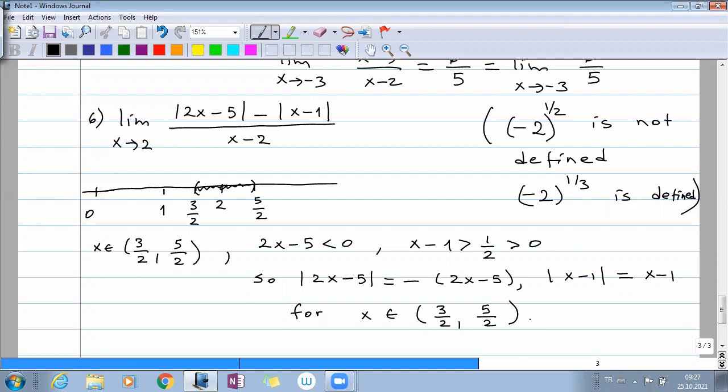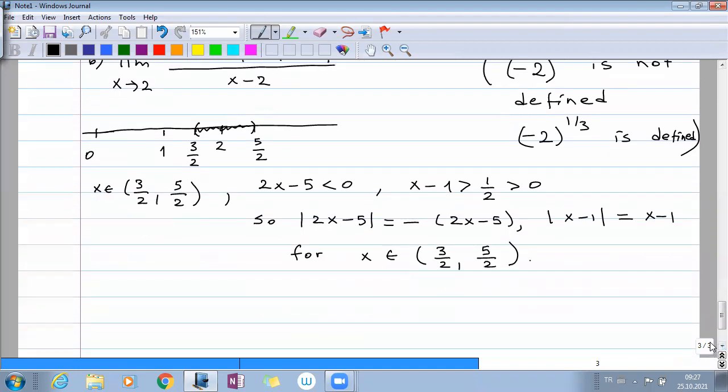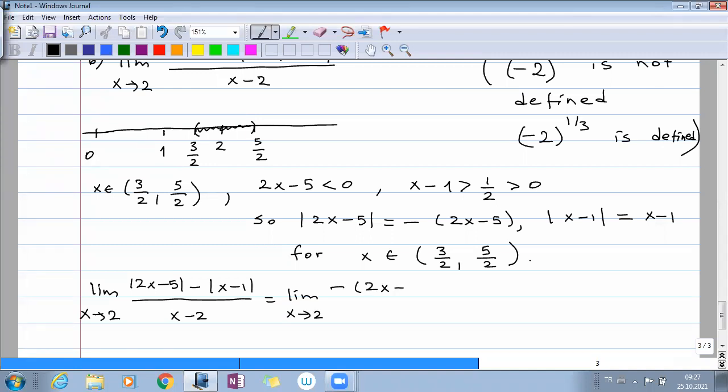And remember, if two functions are equal around the limit point, they have the same limit. So for this limit, as x goes to 2 of the absolute value of 2x minus 5 minus the absolute value of x minus 1, divided by x minus 2, I can replace the absolute value of 2x minus 5 with minus 2x plus 5, and the absolute value of x minus 1 with x minus 1.